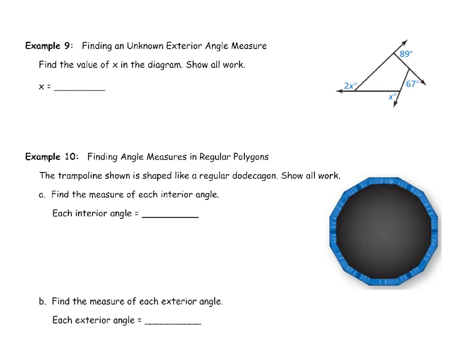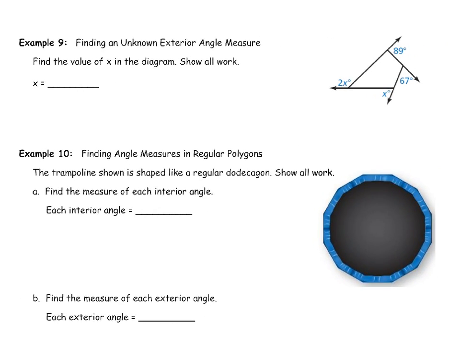All right, finding an unknown exterior angle. Find the value of x in the diagram and show all of our work. Remember here, the total exterior angle measurement of any polygon, no matter what, is always going to be 360 degrees.